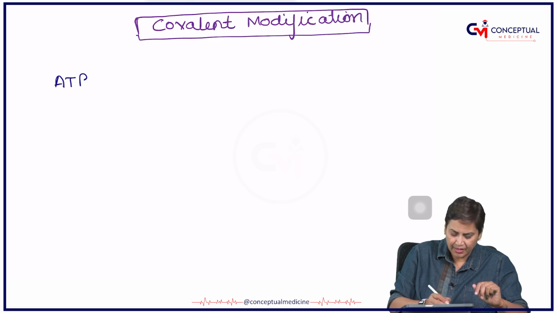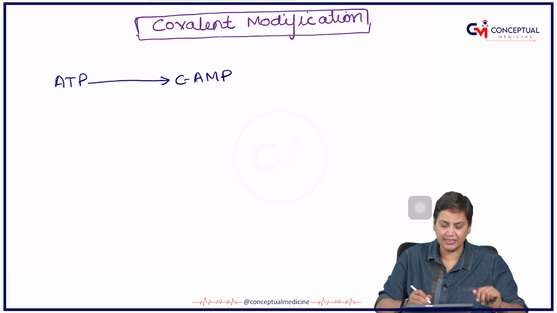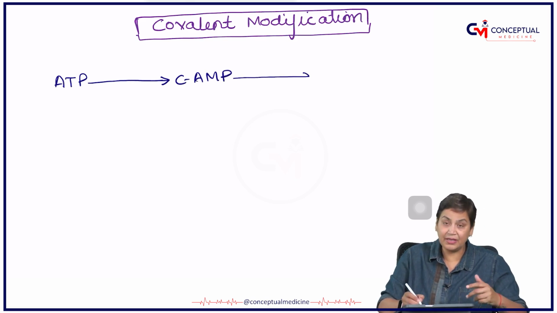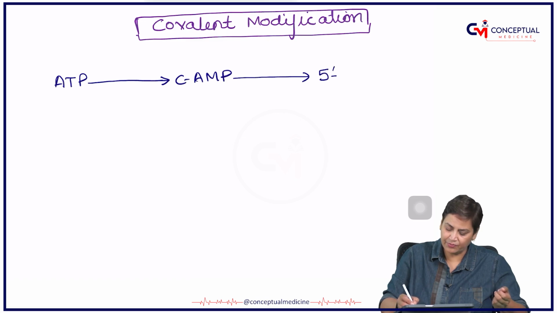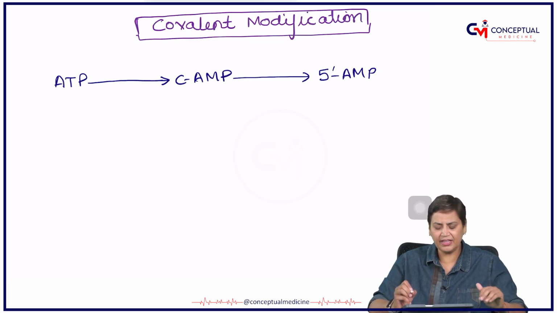ATP is forming cyclic AMP, which is a very, very important second messenger, and this cyclic AMP is being converted into 5' AMP. Again, keep one thing in mind, whatever is being produced in the body has to be degraded once its function is over. If anything is retained in the body, it will lead to a disease.